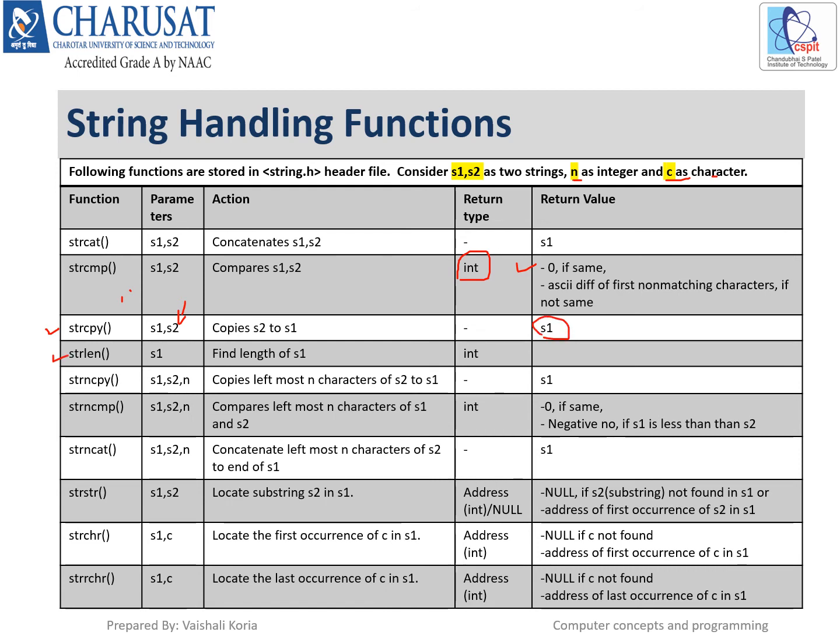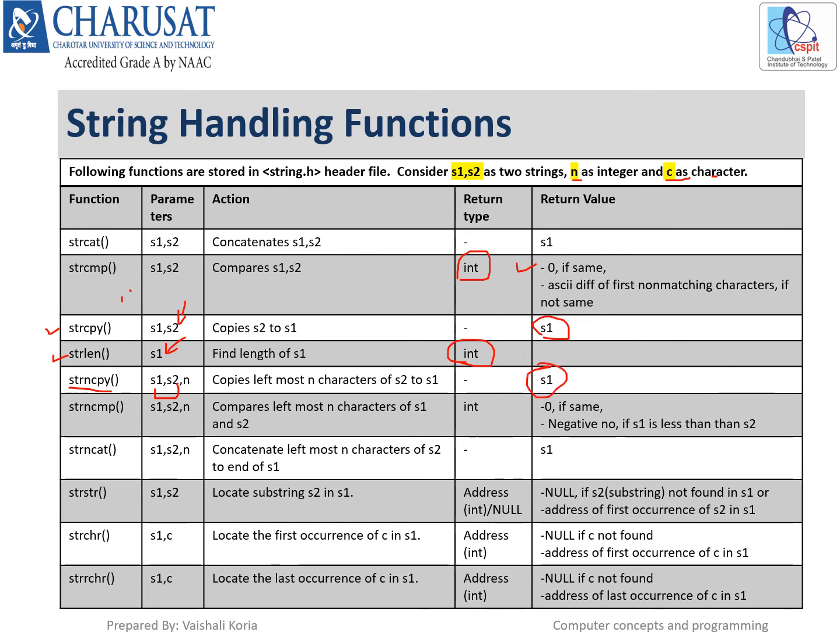The next function is strlen. It will find the length of the string. Here also you can have a string constant in place of "abc", and it will return an integer that indicates the length of the string. Next, strncpy will copy the leftmost n characters of s2 to s1, and updated values will be in s1.